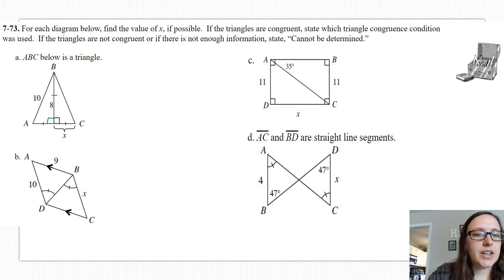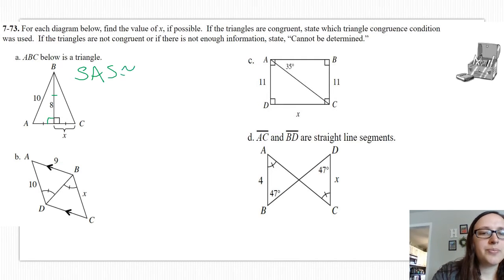And then these sides are equal to each other because they're marked. So we know that these two triangles are congruent by side angle side, and that means that we can find x.